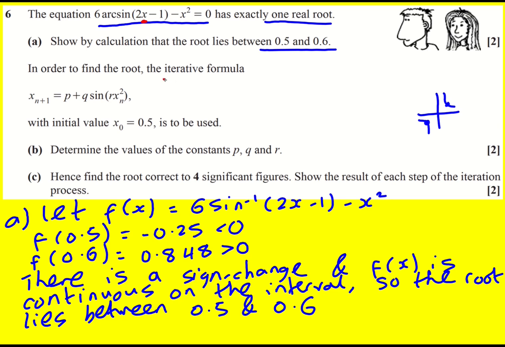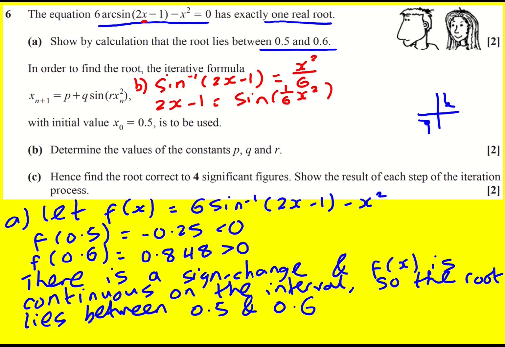So first up, sorry, this is part B. I'm going to do inverse sine of 2x minus 1 is going to equal, I'm going to add the x squared and divide by 6 all in one go. So x squared over 6. And that means 2x minus 1 is sine of 1 over 6x squared.